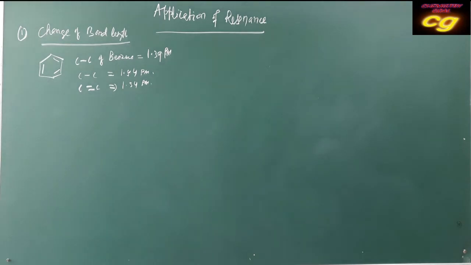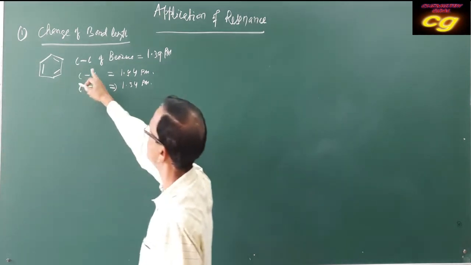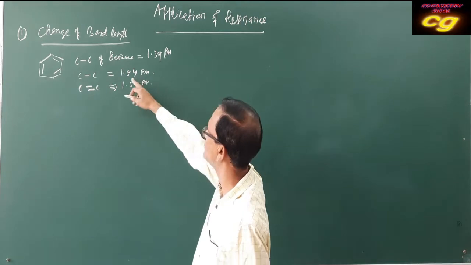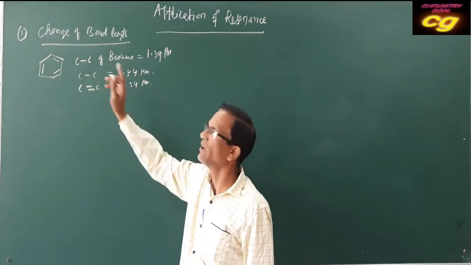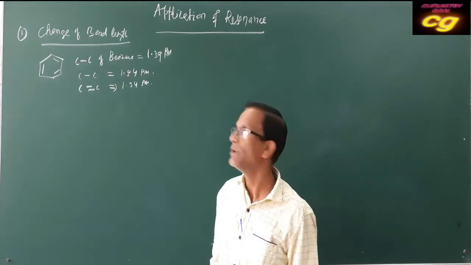So the C-C bond length of benzene lies between 1.54 and 1.34, that means greater than a double bond but less than a single bond, due to resonance.